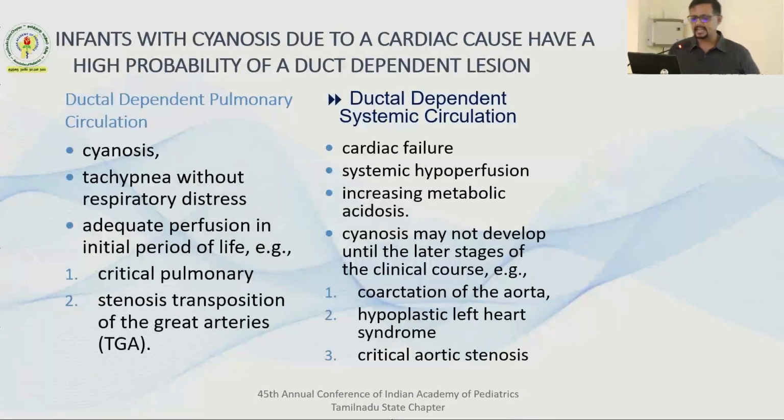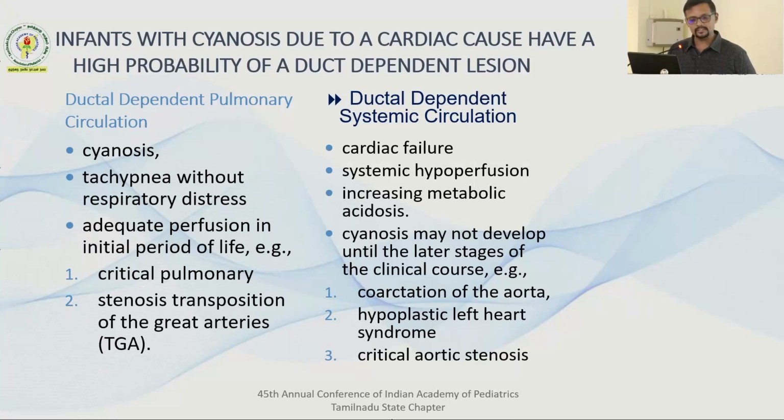So basically, in an approach to congenital heart disease, we think about only two things. One is whether it is a duct-dependent pulmonary circulation or a duct-dependent systemic circulation. When we are thinking about duct-dependent pulmonary circulation, the patient presents with severe cyanosis, tachypnea with distress.